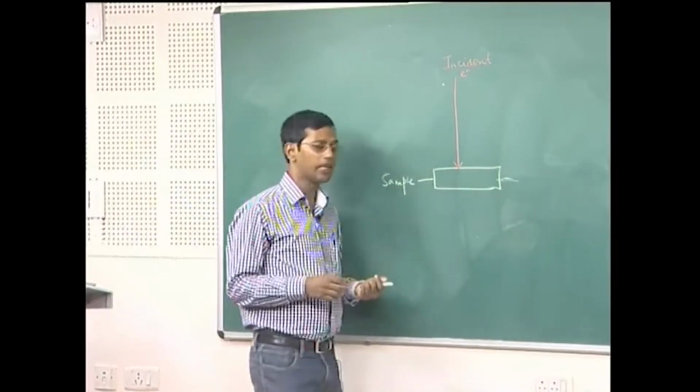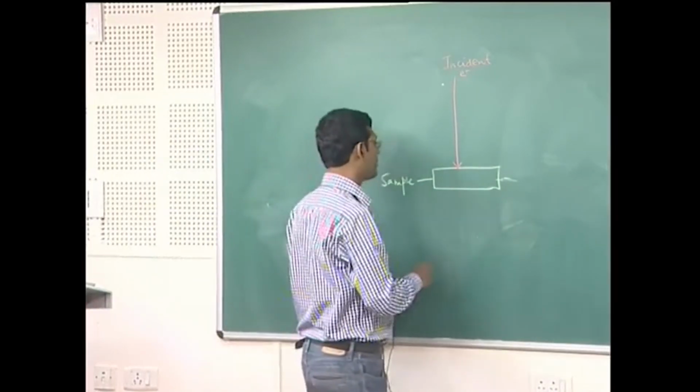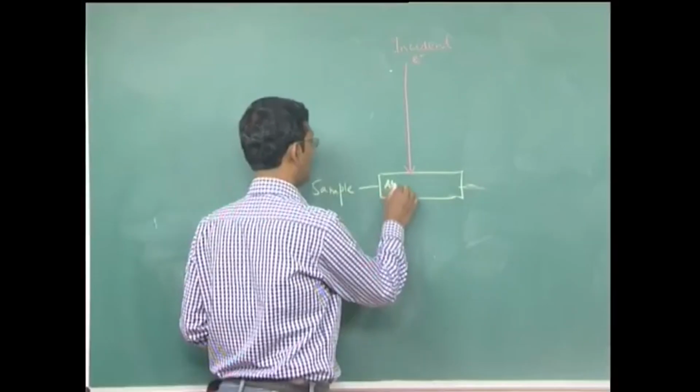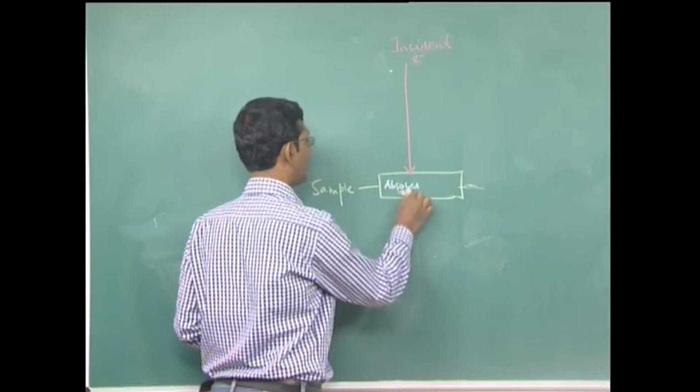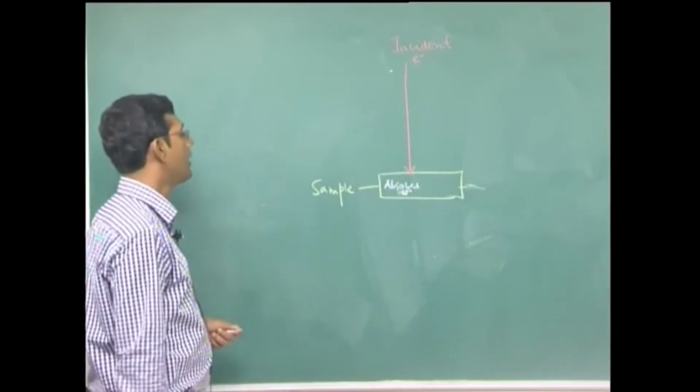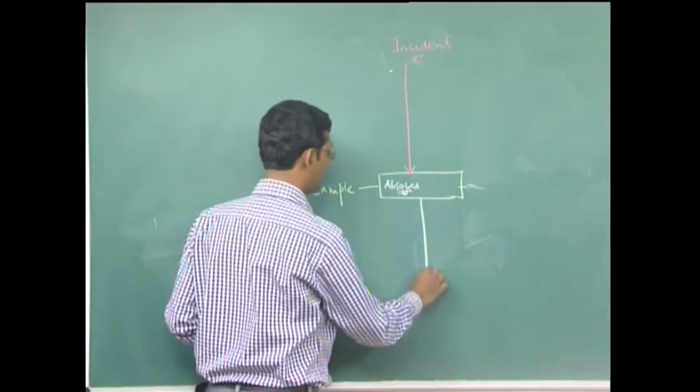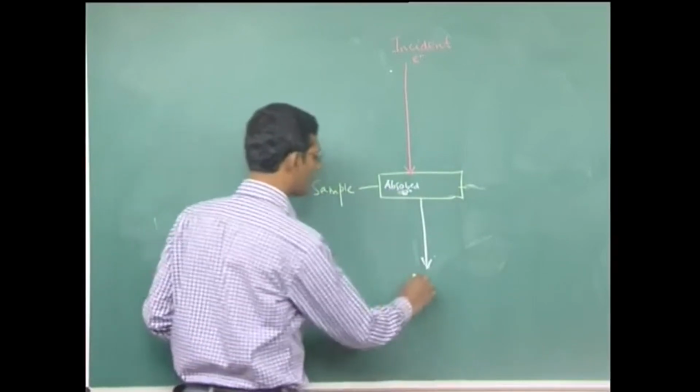Obviously, some of the electrons will get absorbed inside this material. They can be called absorbed electrons. Some of the electrons will pass through. They are known as the transmitted electrons.